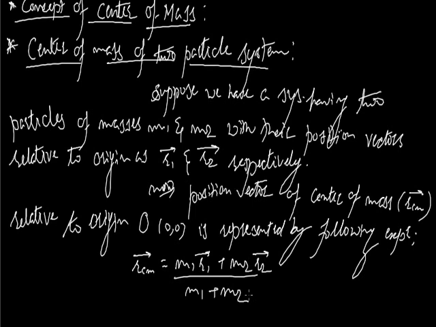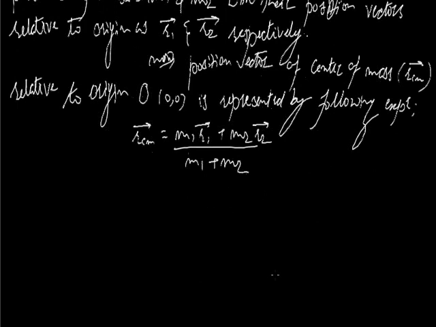In the next class, we will understand the complete derivation of this relation, that is, from where we can obtain this position vector of the center of mass. Thank you.